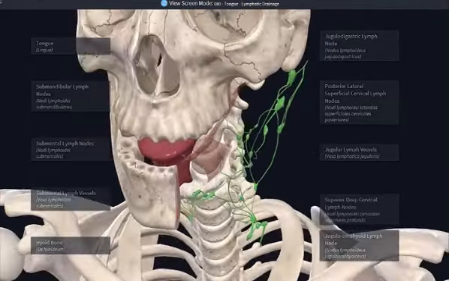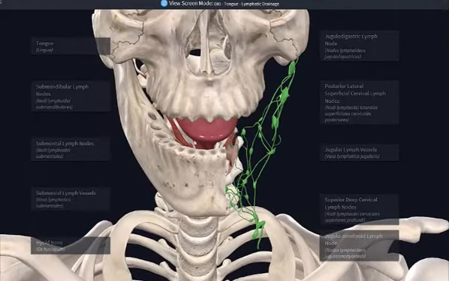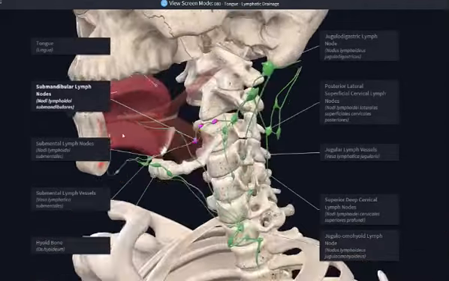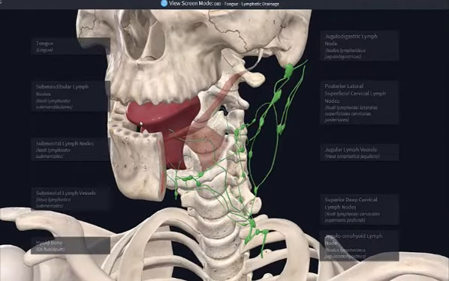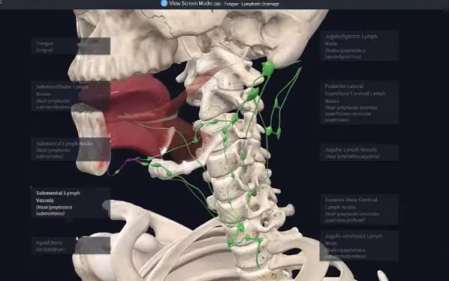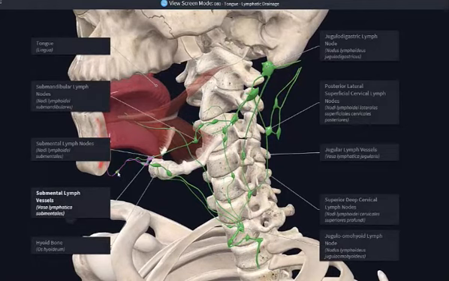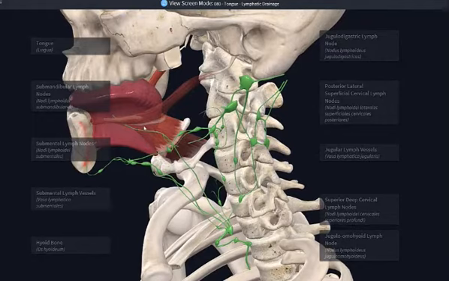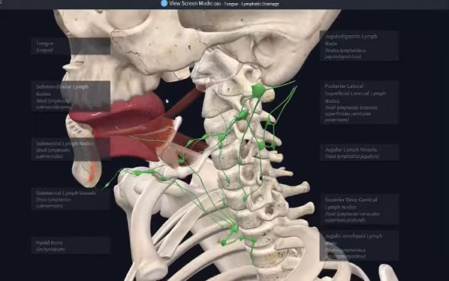Lymph from the lateral aspects of the tongue, so left and right lateral aspects here, will drain to the submandibular lymph nodes. Lymph from the tip of the tongue, or the apex of the tongue, and the frenulum will drain to the submental lymph nodes, and this is the lymph node and the lymph vessels. And lymph from the posterior 1/3 of the tongue back here will drain bilaterally.